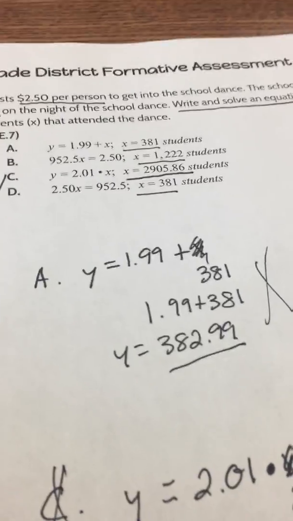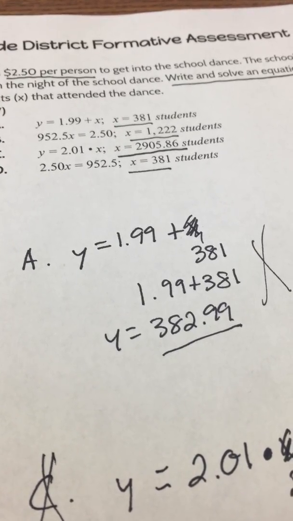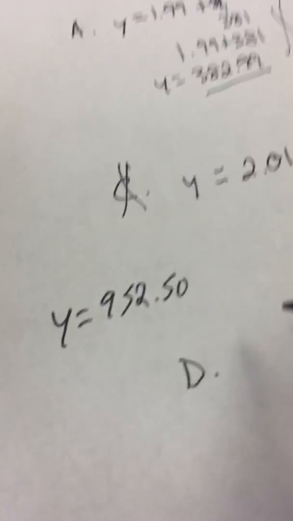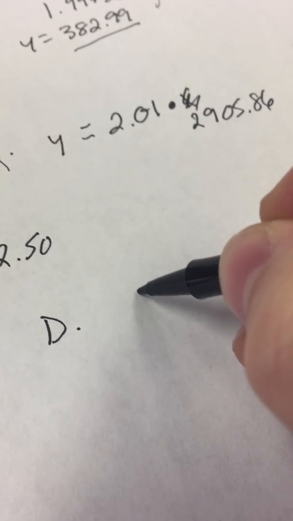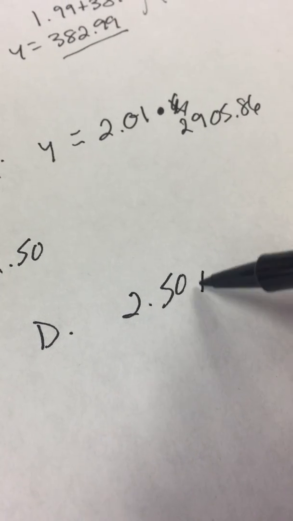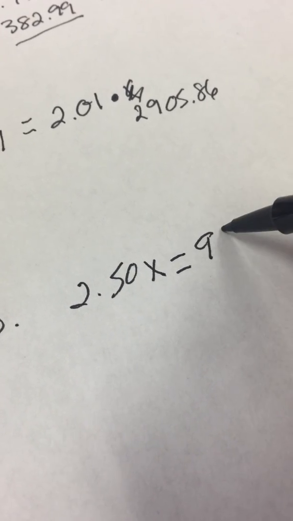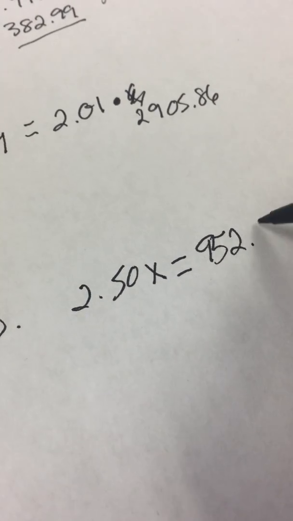On this one it says 2.50 times X equals 952.50. So let's write it down here. Sorry, the camera's a little bit shaky. 2.50 times X equals 952.50.